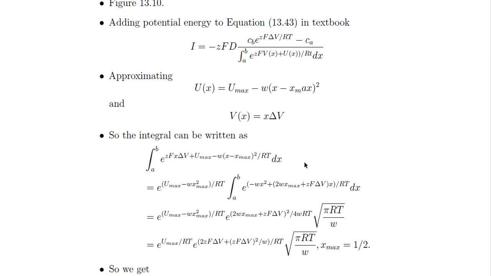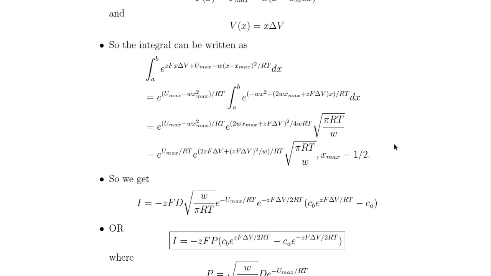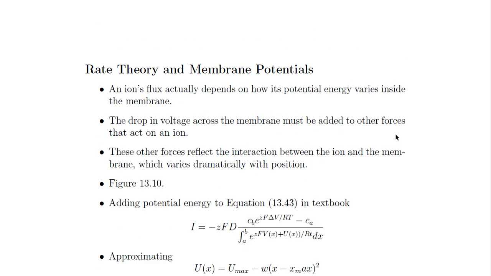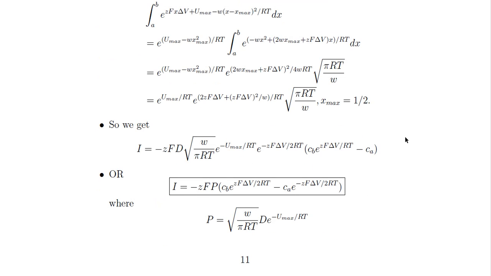Integrating this one, we get the current I equal to Z F P times C_B exponential of Z F delta V over 2 R T minus C_A exponential of minus Z F delta V over 2 R T, where P equals this equation.